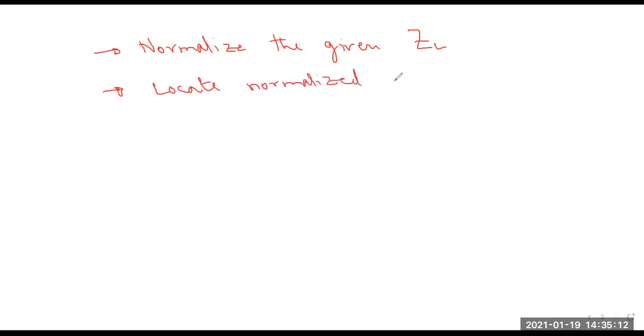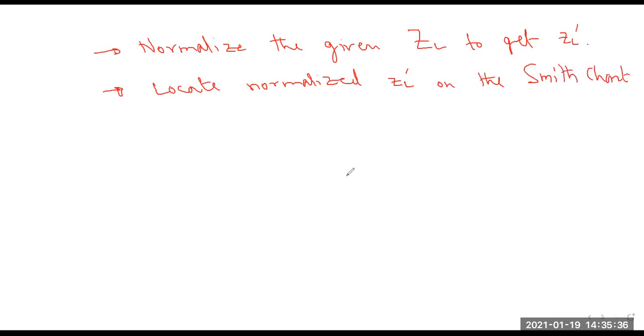The first step that you did is normalize the given ZL to get ZL dash, and then locate the normalized ZL dash on the Smith chart.